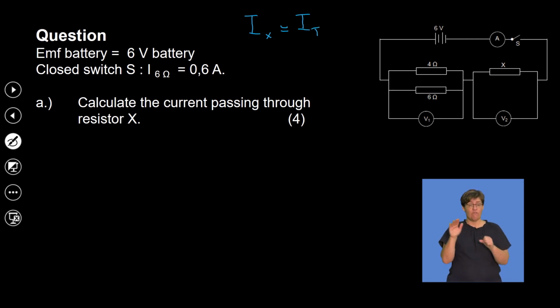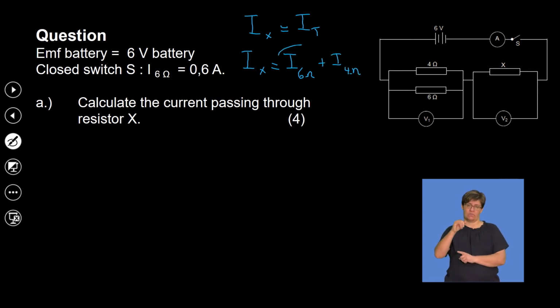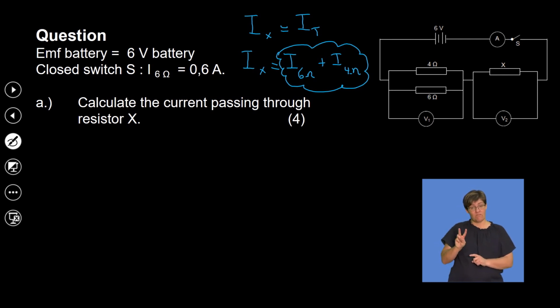So the current for resistor X is equal to the current that goes through 6 ohms, which we have, plus the current that goes through 4 ohms. Why? Because these two are connected in parallel. They are current dividers. So we can find the voltage for 6 ohms, which is equal to the voltage across the 4 ohms.